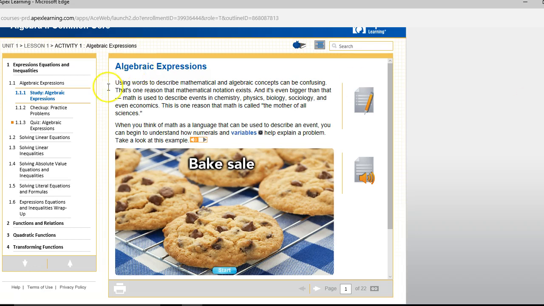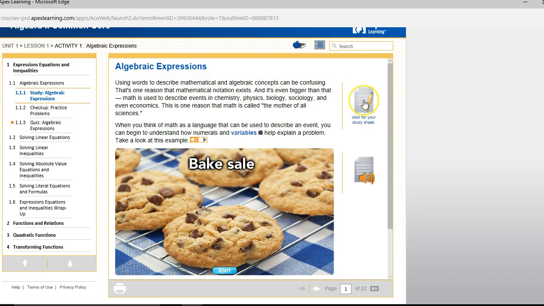You'll notice I've clicked on the study here. It's blue, that means it's selected. Down here I can see how many slides or pages are in my study. This particular study has 22 pages. You're going to go through every single page before you move on to the checkup.